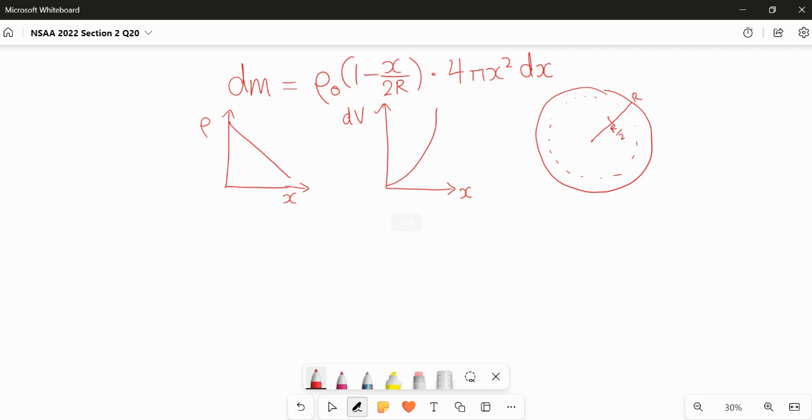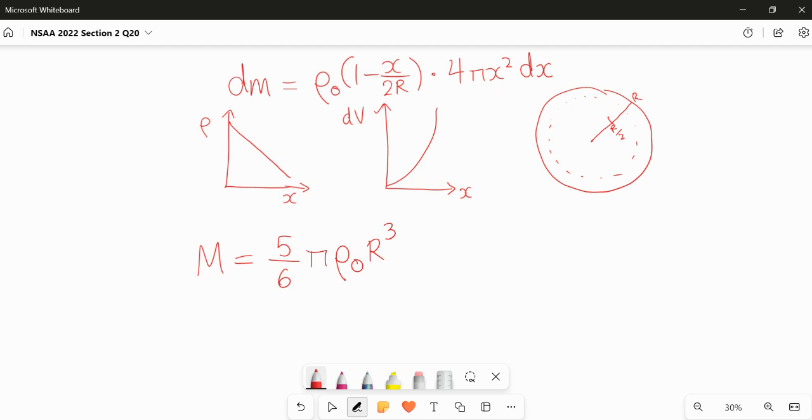Well, we got that the total mass is 5 over 6 pi rho naught r cubed. And if we wanted to find the average density, well, what is an average? An average is telling us that if we had the same thing every time, we'd get the same result. So if we just divided this total mass by the overall volume, we'd get the average density.